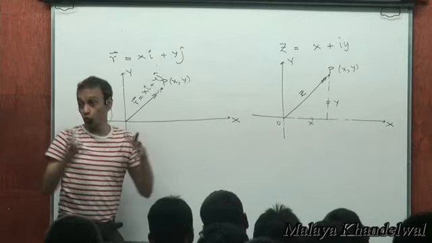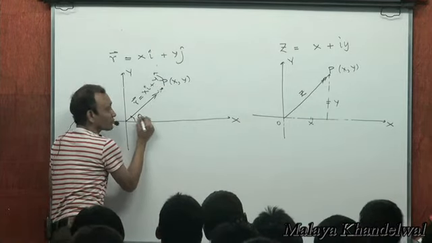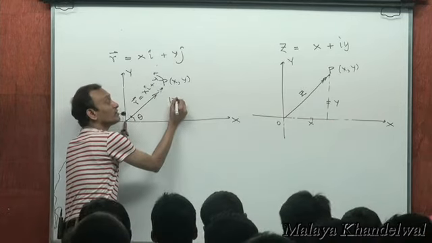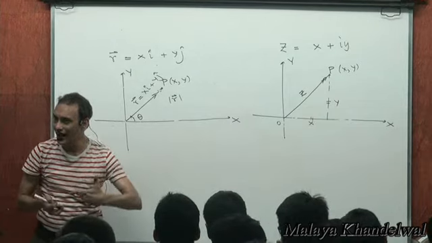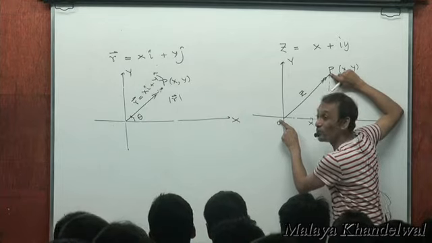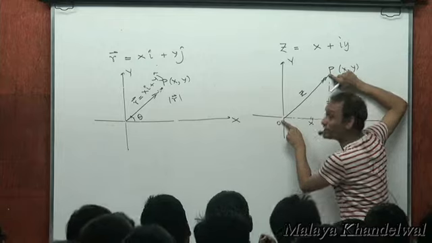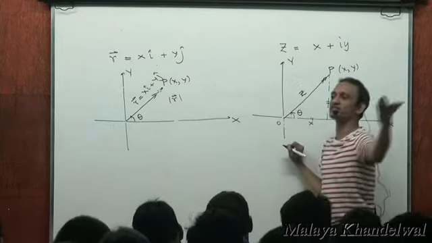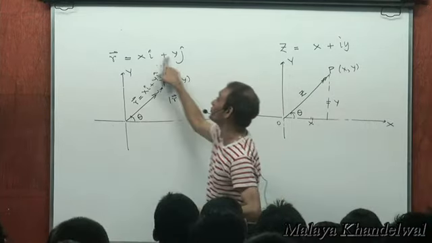This R had two properties, its length and its orientation. Right? Mod R, which is its length, and theta, which is a measure of its orientation. That's what this R had. The Z also has two properties. Its length, which is mod Z. This vector is Z. Henceforth, I'll call this vector Z. This is mod Z, and this is the orientation factor, which is called argument Z. In this case, tan theta would be y by x.